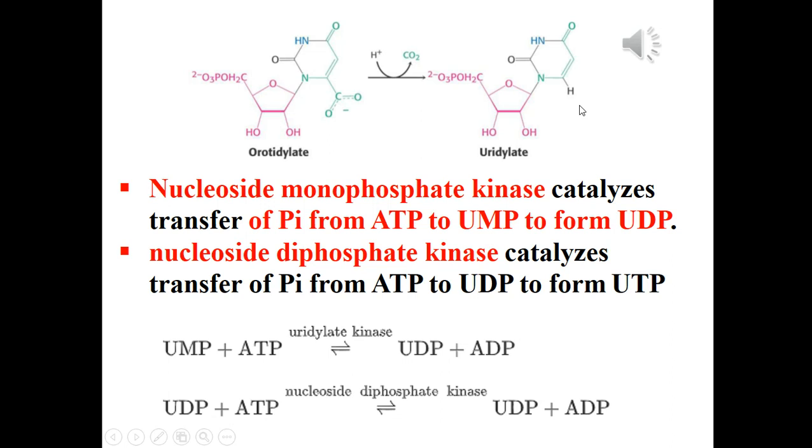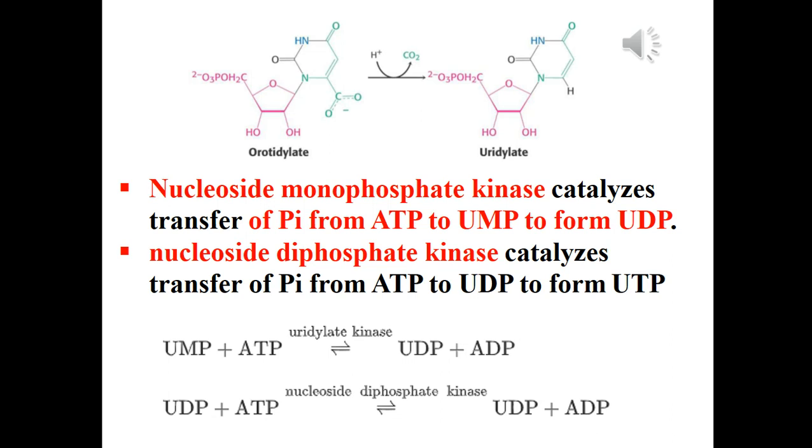So the orotidine monophosphate or orotidylate can be converted to uridine monophosphate or uridylate by the orotidylate decarboxylase enzyme.